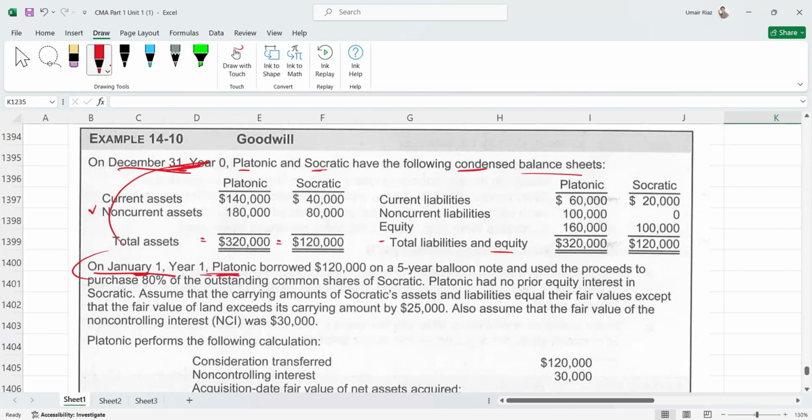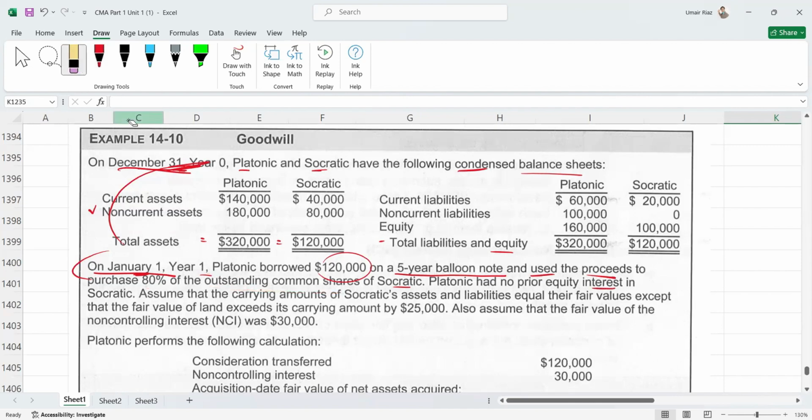It's like a loan, a five-year balloon note, given in writing, and they used the proceeds, this 120,000 loan, to purchase 80% of the outstanding common shares of S. It means our controlling percentage is 80%, so there is 20% non-controlling interest. P had no prior equity interest in S. This is the only transaction.